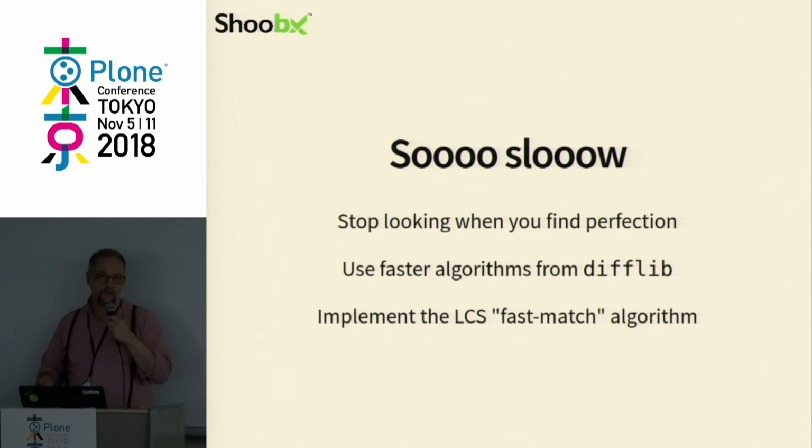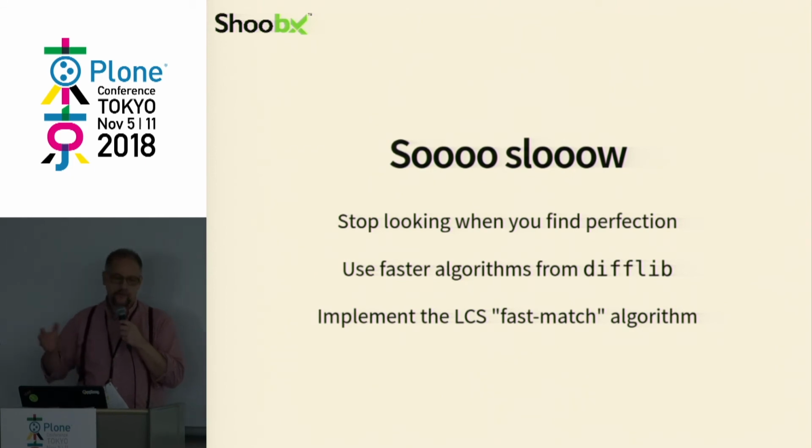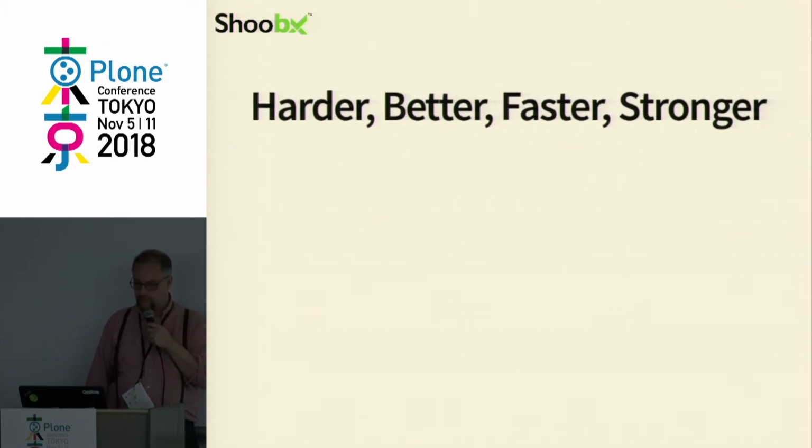That won't give very nice matches always, because it won't look for the best match. It will just find a match that is in the right order. So if you move around nodes a lot, it's going to be terrible. But it speeds things up.